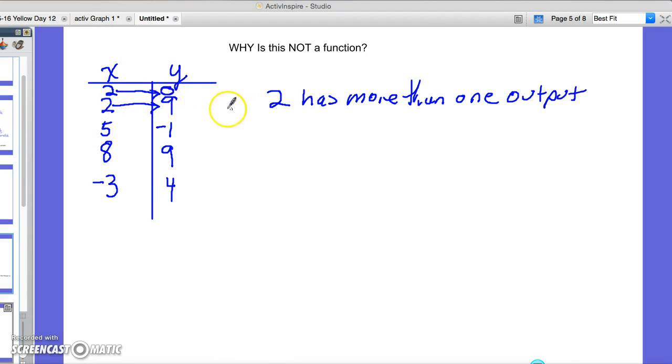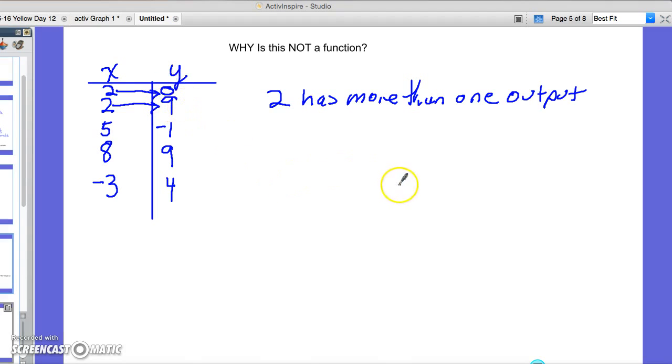Okay, so this is not a function. It doesn't matter that there are 2 9s here. This is what makes it not a function. The fact that if I put in a 2, I don't know if a 0 would come out or a 9.